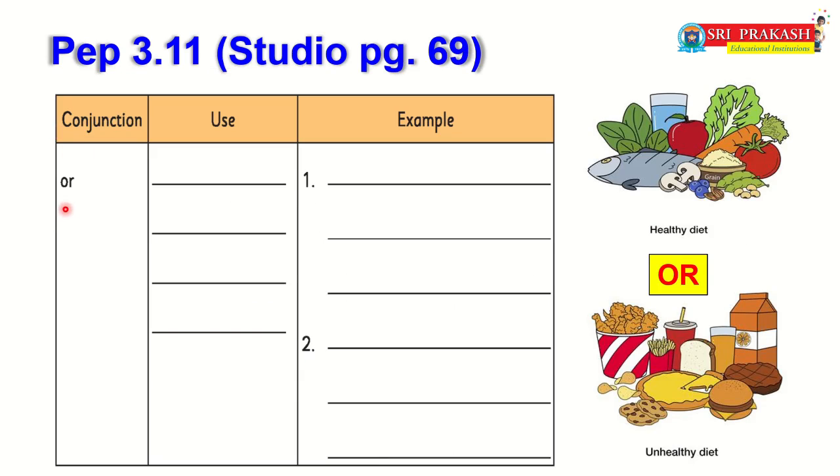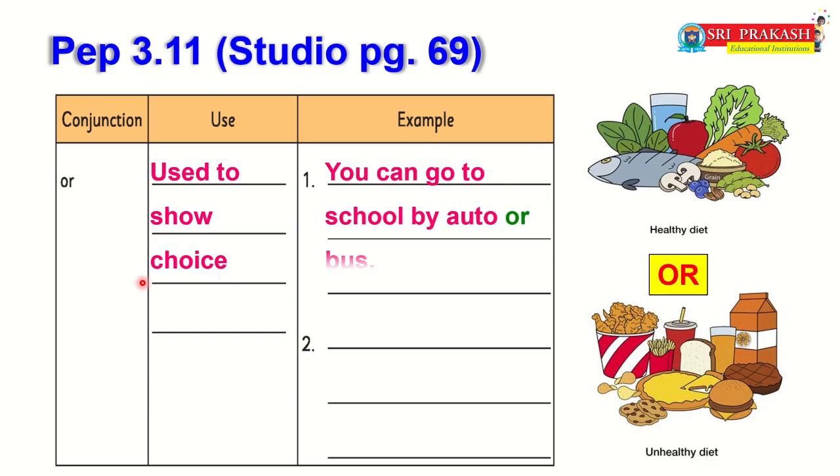Next conjunction is or. Or is used to show choice, where you have to select any one option. Example, you can go to school by auto or bus. Second example, will you eat healthy or junk food? So, you have to select between any one of the choices, then we use the conjunction or.